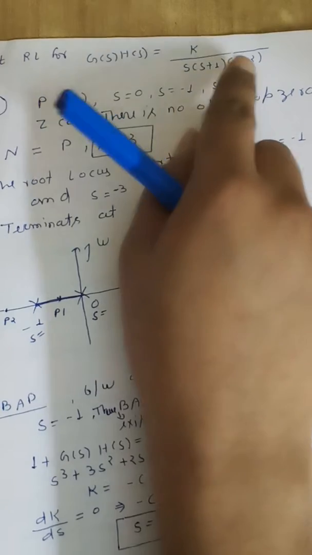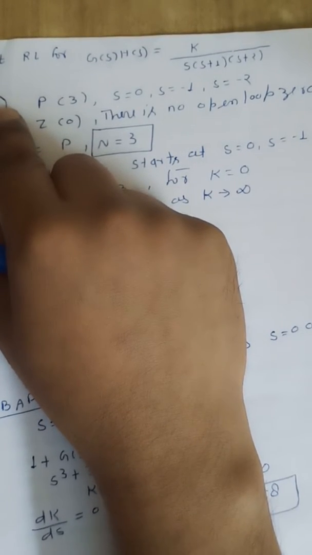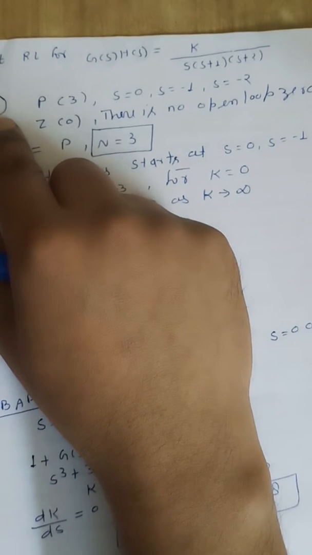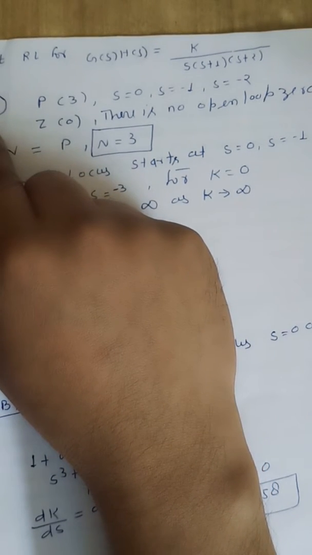So already we have seen rules for plotting the root locus. According to the first rule, we know root locus is always symmetrical with respect to the real axis. So according to first rule, there is no calculation, so we can ignore it. So first we will calculate number of open loop poles and number of open loop zeros.